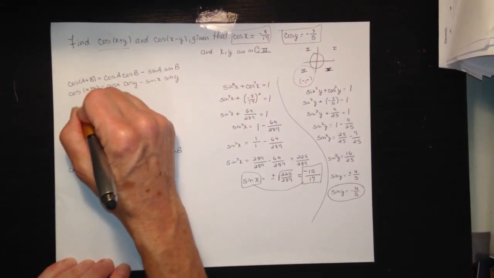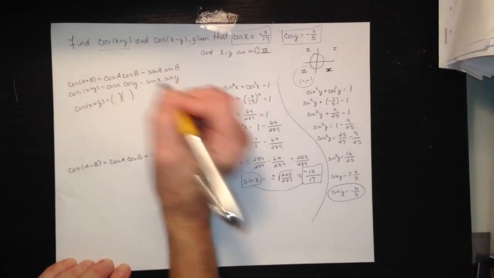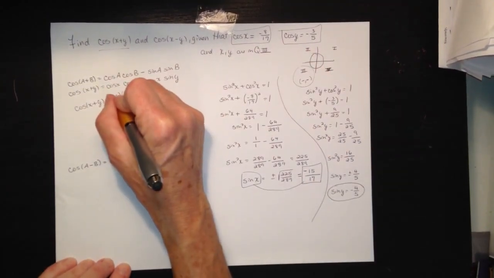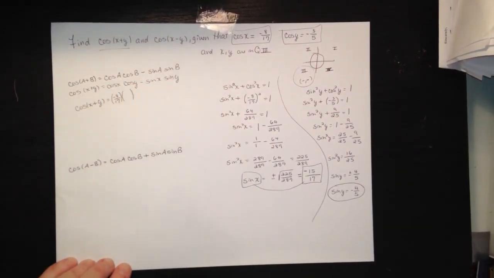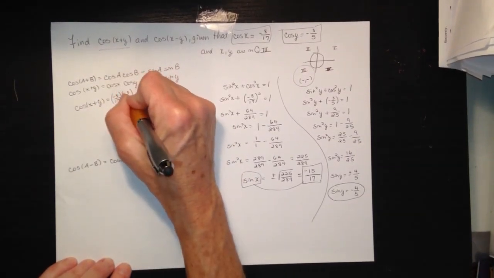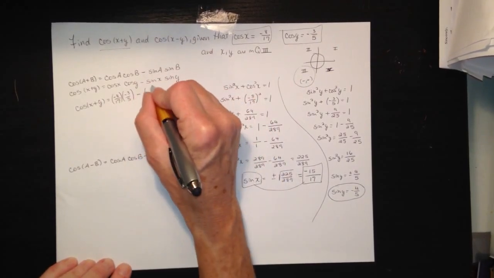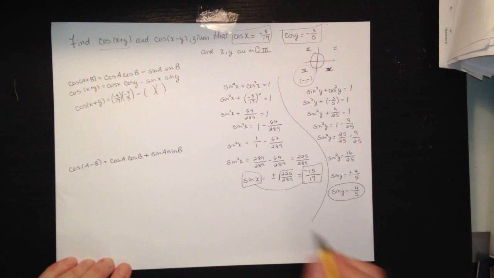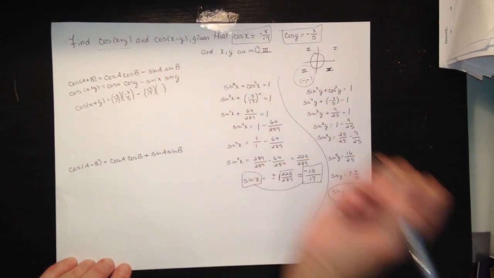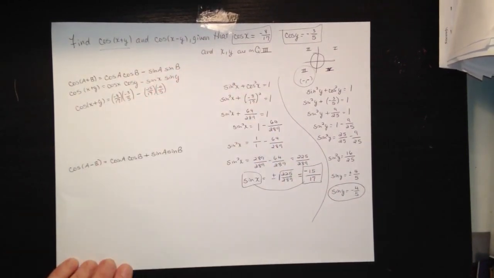So the cosine of x plus y will equal the cosine of x, which is negative 8 over 17, times the cosine of y, which is negative 3 over 5. And then by formula, a minus sign goes in the middle, then the sine of x, negative 15 over 17, times the sine of y, negative 4 over 5.